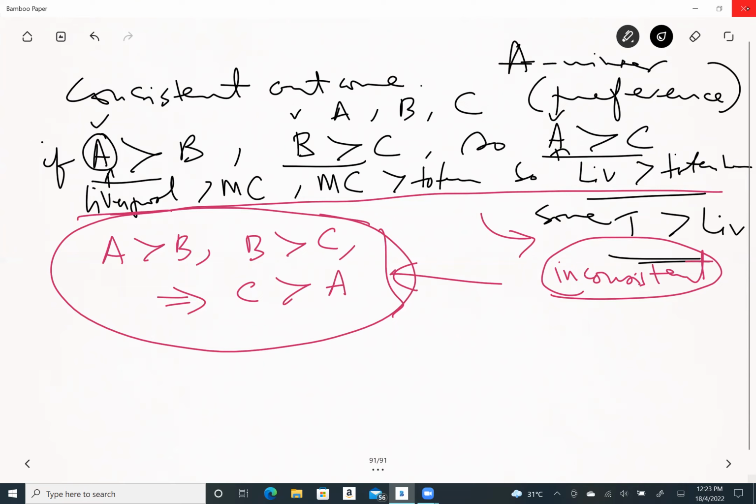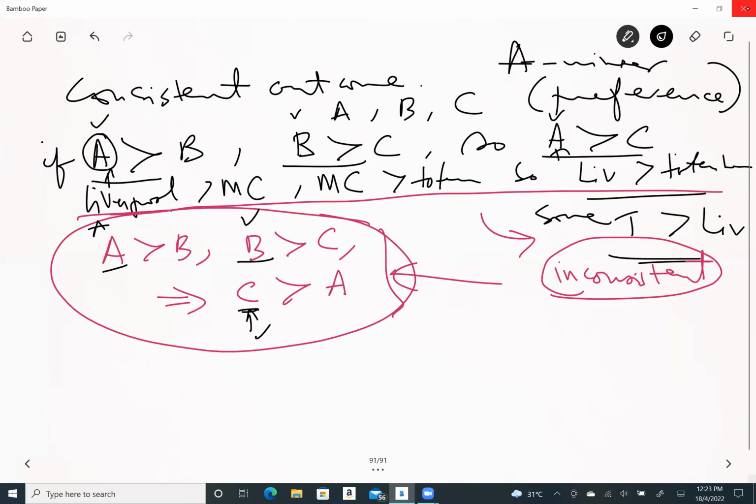Because consistent. All right, but in reality, it may not happen that way. If A is preferred to B, A wins. B preferred to C, B wins. Now A goes against C, not A wins, C wins. So who wins the election? C?